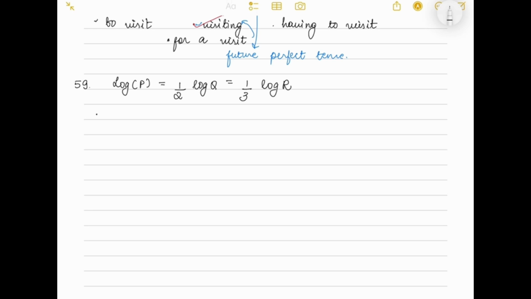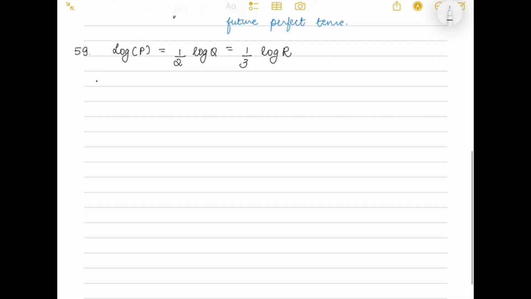We have to find which is true. The first option is p square is equal to q cube r square, then q square is equal to pr, then q square is equal to r cube p, and r is equal to p square q square. We have to find which of the options is true.